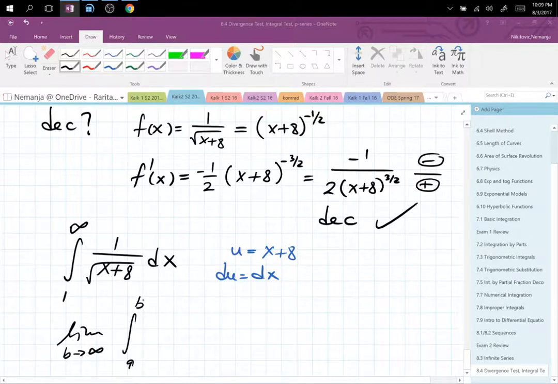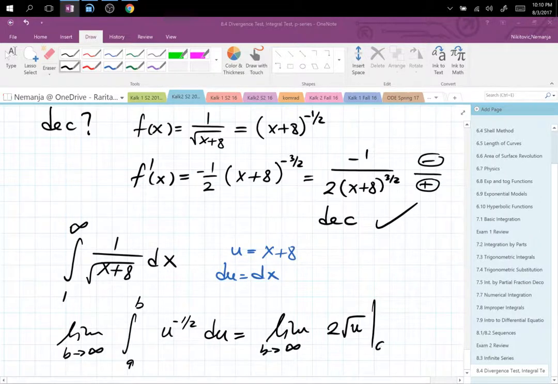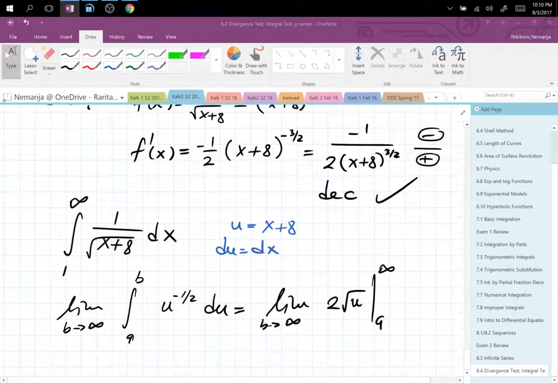And then we have u to the negative 1/2 du, which is negative 1/2, so plus 1/2. So it's 2 root u. So limit b goes to infinity of 2 root u from 9 to b.